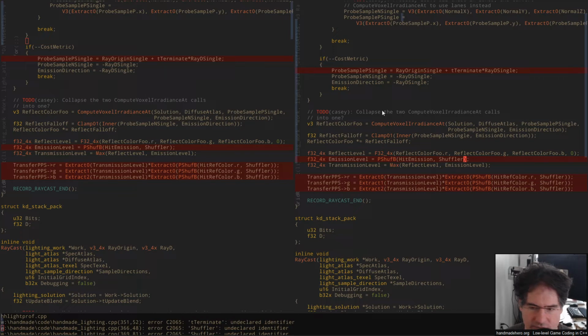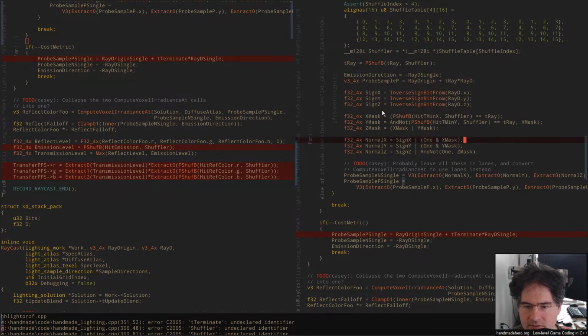So if we take a look at what's going on here. The problem that we're getting here is that we don't have the shuffle value that we actually need to extract our other values, like our hit ref color, these sorts of things. All of these computations, as you can kind of see, are operating on the 4-wide version.